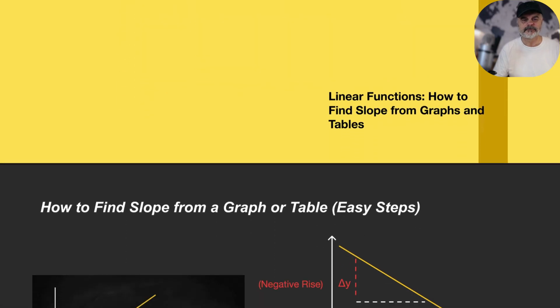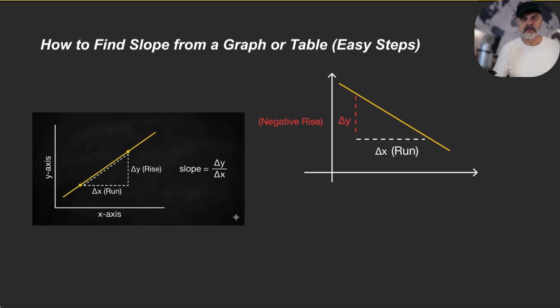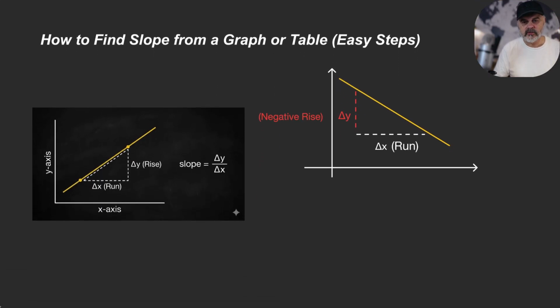So let's dive in. If you want to find a slope from the graph, the first thing you must observe is that you have two identifiable points. You have to have a point that you can quickly identify. I have to have a location of one point, and a location of another point.